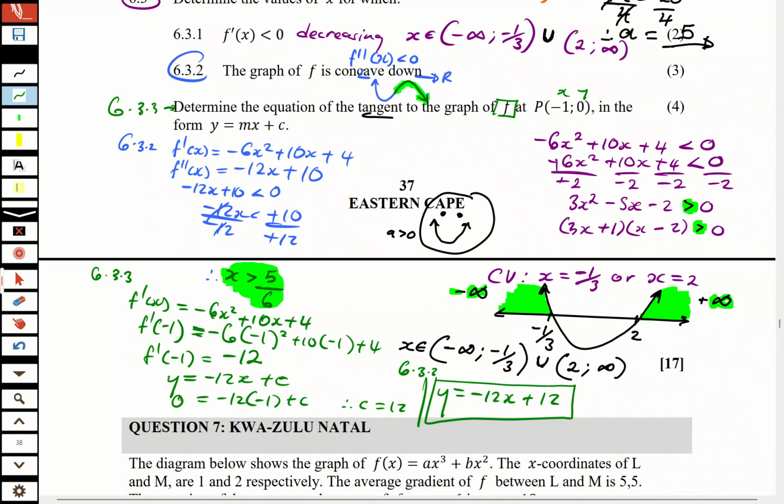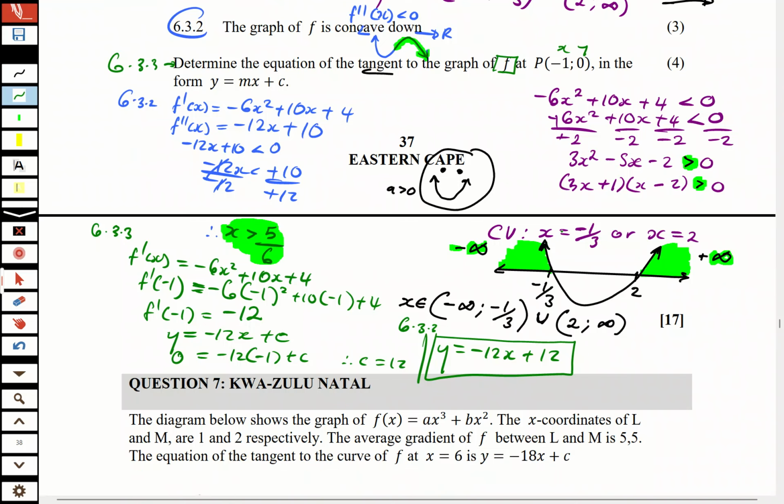So that was why we came out with this. This is what I wrote here before. Let this be our 6.3.3, and this is the equation for 6.3.3. We came up with that thing there.